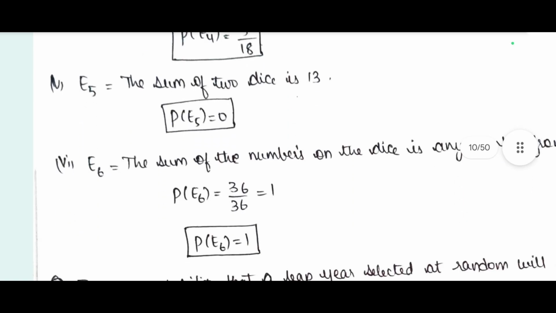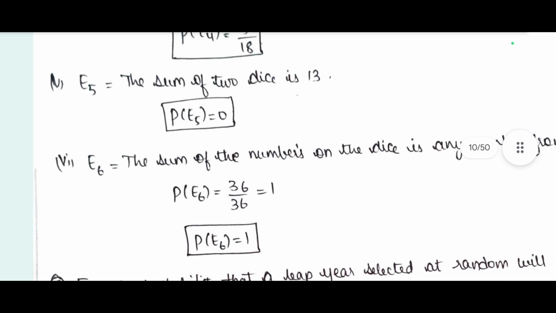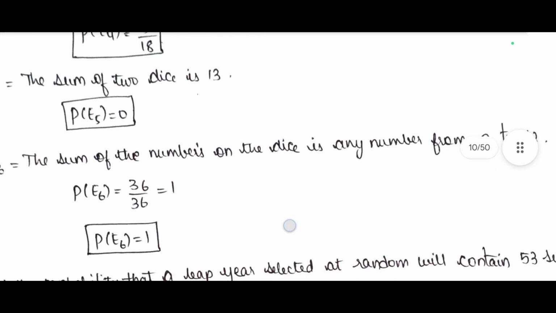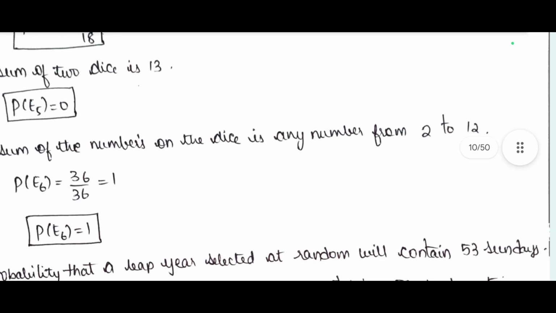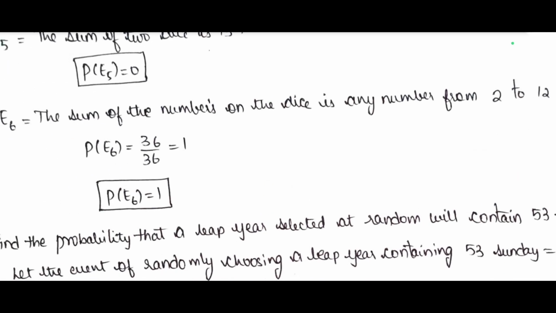Next, the last one: the sum of the numbers on the dice is any number from 2 to 12. So that is 2 to 12, 1 comma 1, 1 plus 1 is 2, and 6 comma 6 is nothing but 12.